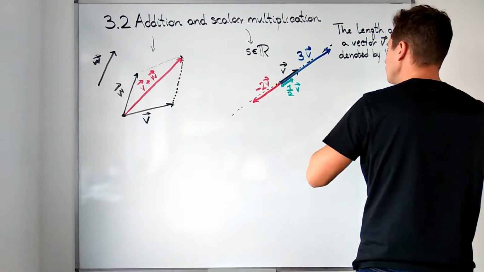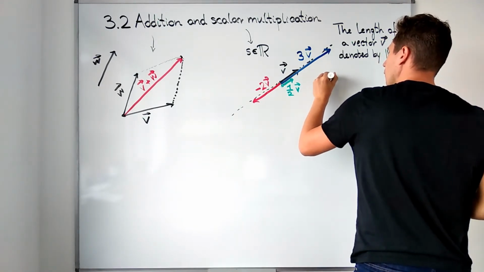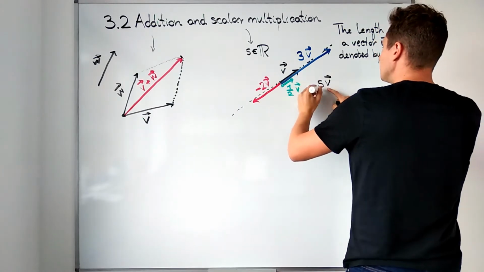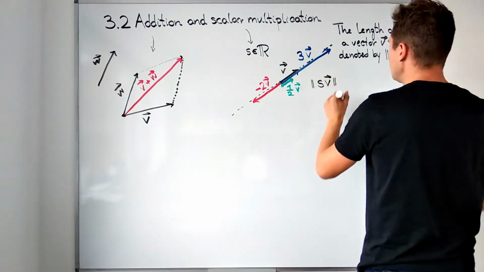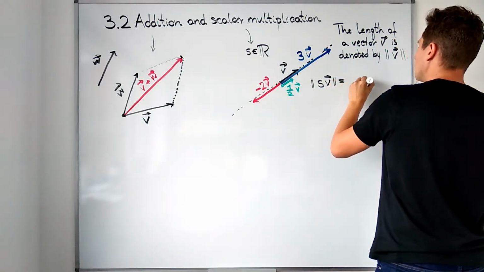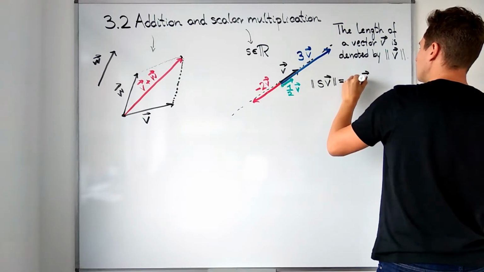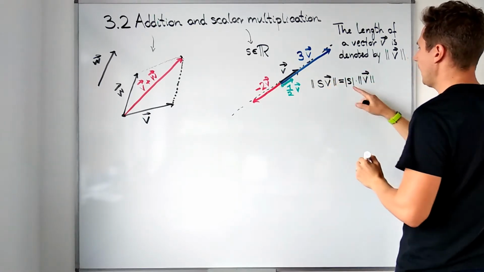And what is true for s times v, when we multiply the vector by the scalar, is that the length of this new vector is going to be the length of the original vector multiplied by the absolute value of s.